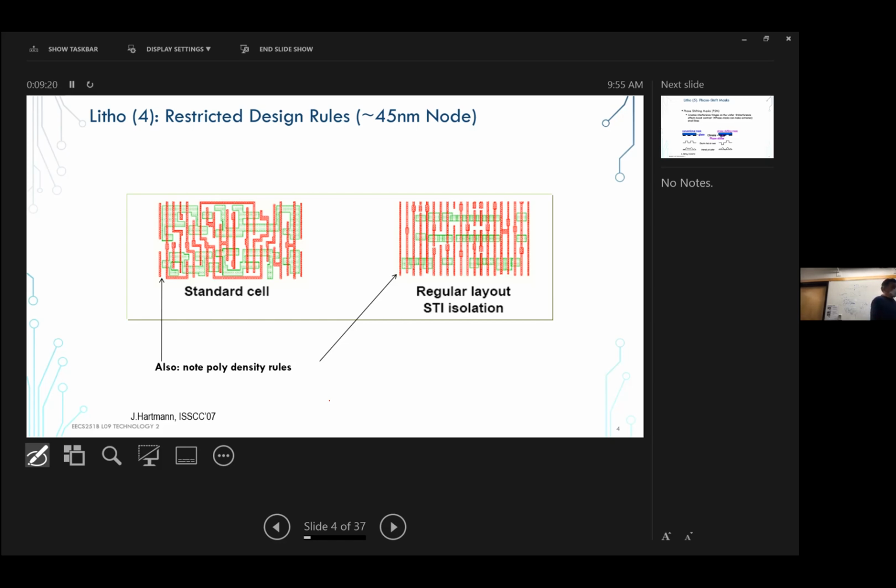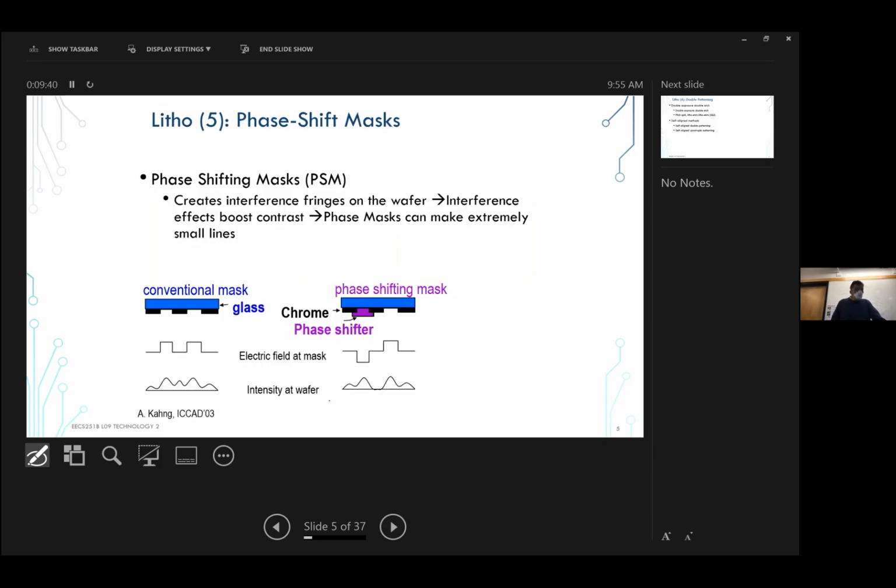Adding regularity, people would say, is one of the reasons for losing about half of a technology node in density scale. But we have to do it in order to get it. If you can do things more liberally, you can pack things tighter, but we can't do that.